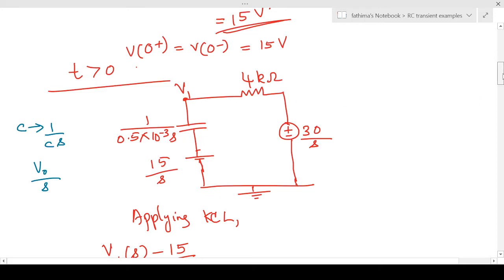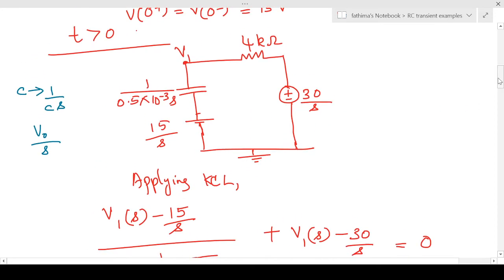So applying KCL, we can write the equation as, there will be two currents. One current will be flowing in this direction and another current will be flowing in this direction. So there are two branches. We can consider these two branches and we can apply KCL. So we can write this as V1 of S is the potential over here, minus 15 by S divided by 1 by 0.5 into 10 raised to minus 3 S gives the current flowing through the circuit.